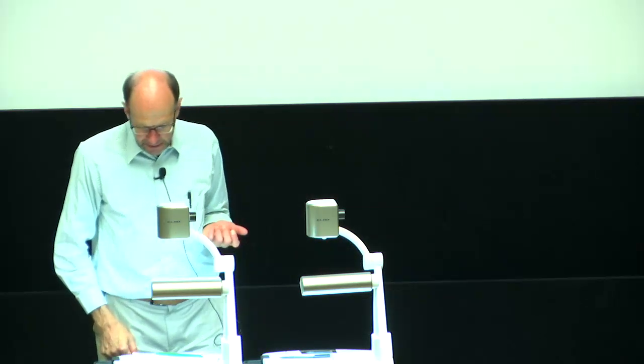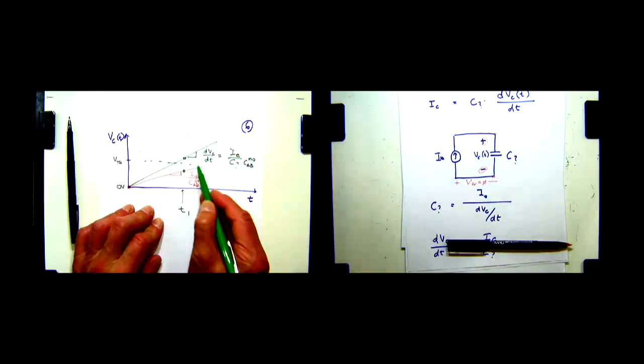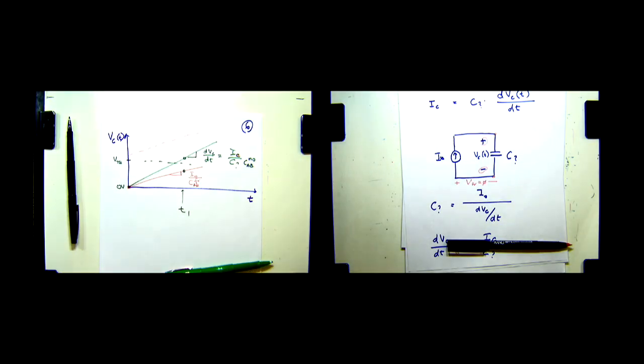Any other questions? Yes? So, the question is: is this always a straight line? Well, basically, the slope is dV_C/dt, right? And that happens to be equal to the current divided by the capacitance.